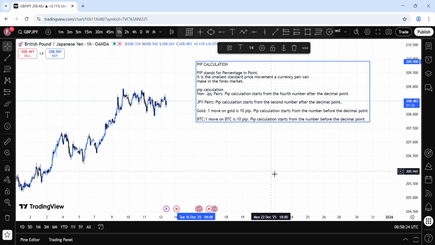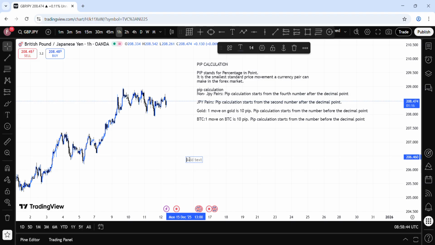So now the current market price is 208.485. If we want to start our pip calculation, we will start from the 208 point. Let me type it out because the price is changing, so we just focus on one thing: 208.473.